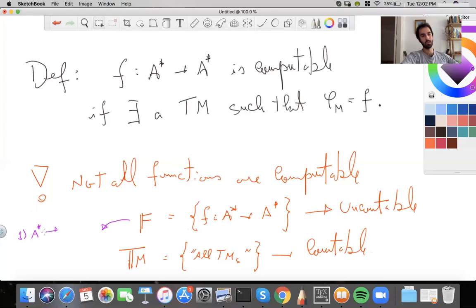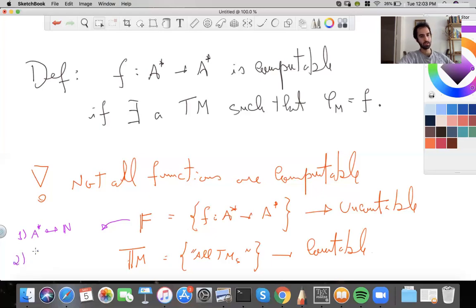So you can make a bijection from this to the natural numbers. It's pretty clear how to make this. For example, the reduced alphabet is just 0 and 1. To every sequence of zeros and ones, you can associate a binary number, and so associate a natural number to it. So this is clear.